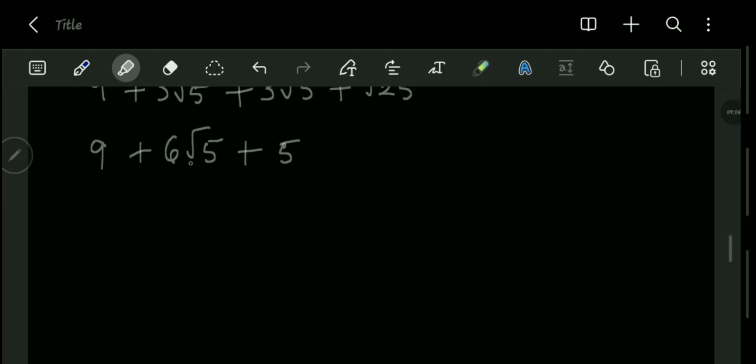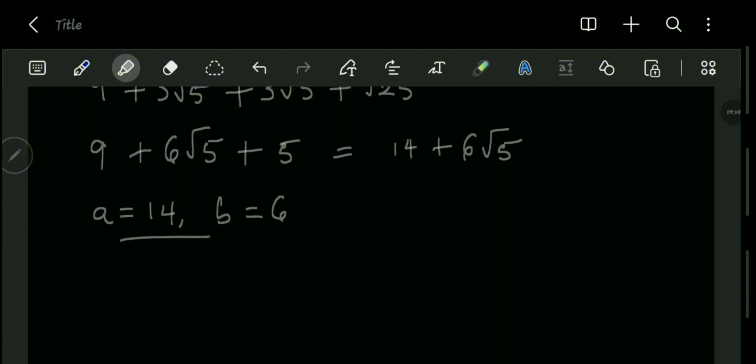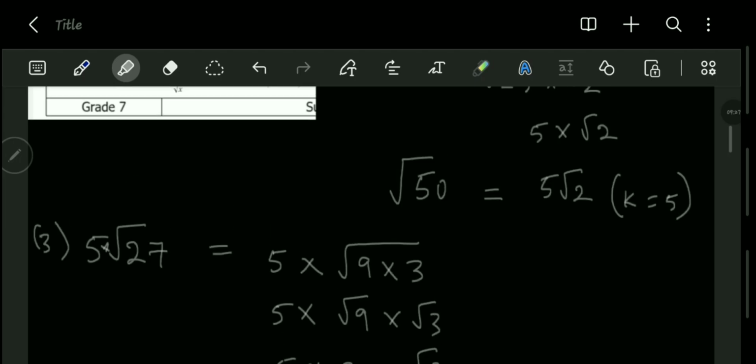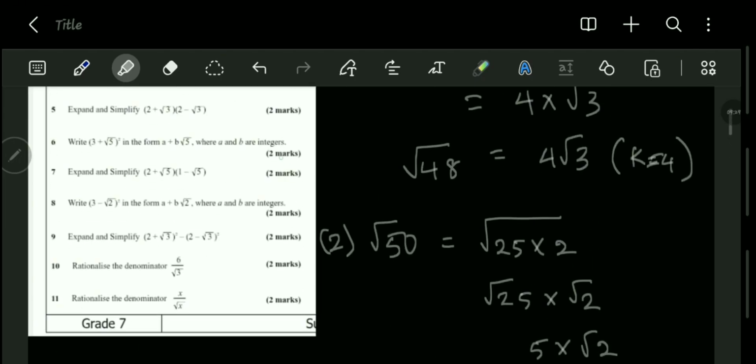So when I add the constants together, I'm having 9 plus 5 giving me 14 plus 6 surd 5. You see that? So this is in the form of a plus b surd 5, where our a is 14, and then our b is just 6, right? And that's a cheap question for 2 marks.